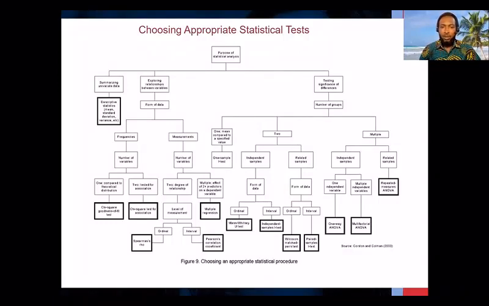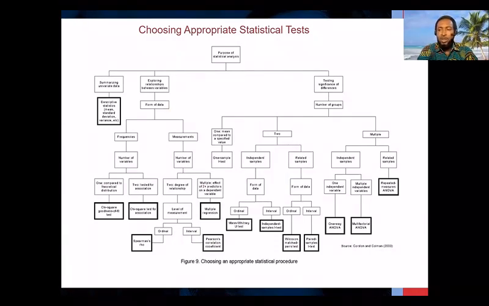This is a common problem among all students, being able to use appropriate tests for their research. Oftentimes, you have to start thinking about your statistical plan from the beginning of your research, as you're still trying to understand the aim, the objectives, the research questions, the purpose of your research. You should start thinking about your statistical plan.